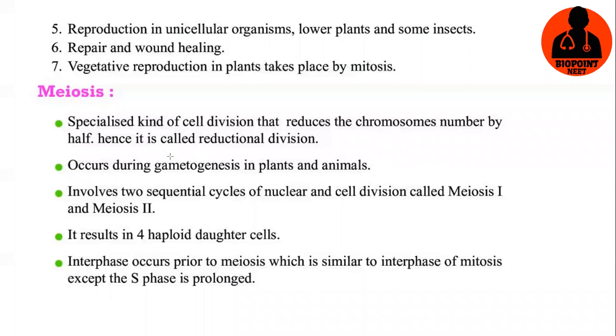It occurs during gametogenesis in plants and involves two sequential cycles of nuclear and cell division called meiosis 1 and meiosis 2. It results in four haploid daughter cells.